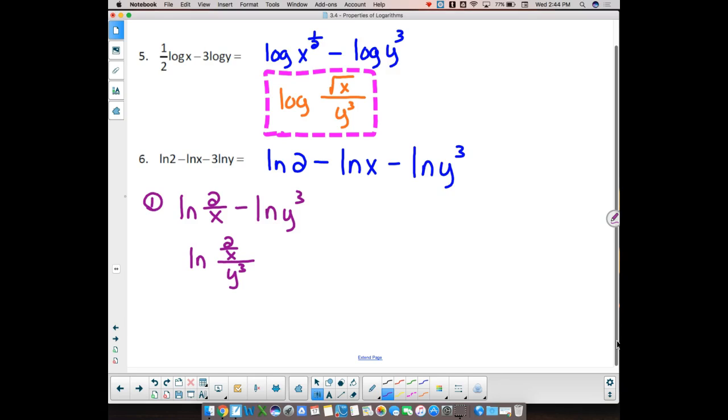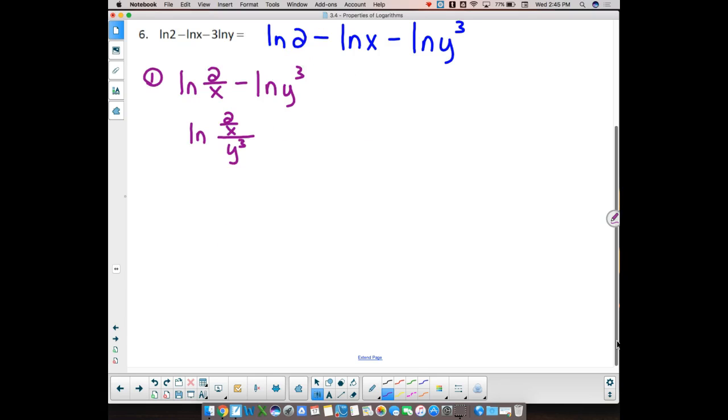Do you not see anything wrong with it? A fraction and a fraction. We only want one fraction at most. Okay? So I've got to think to myself, this is really 2 over x divided by y cubed.